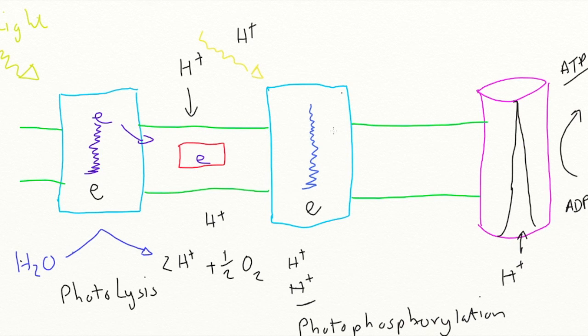But this time it doesn't come back down an energy gradient, it gets attached to an incoming NADP. So NADP is coming in, recycled from the other stages, and the electron jumps on here. Because the electron gets added to this, if you remember OIL RIG, this now becomes reduced NADP, because adding an electron reduces it. Reduction is gain.